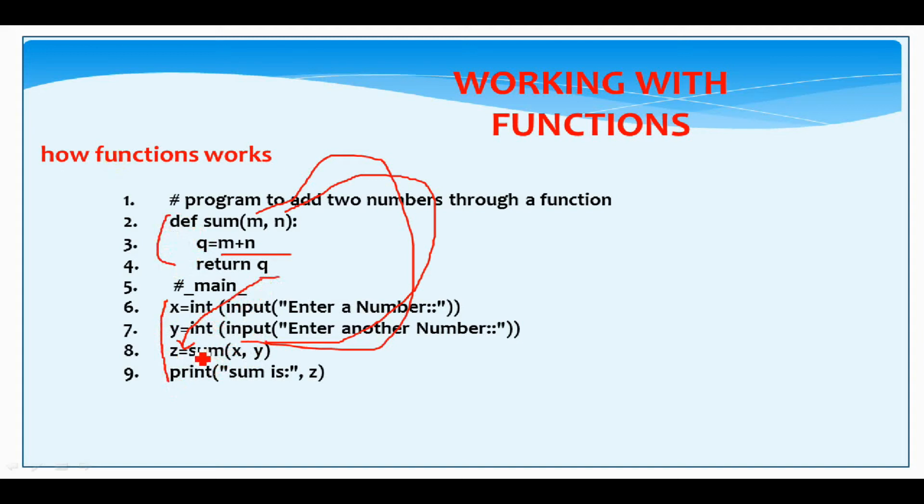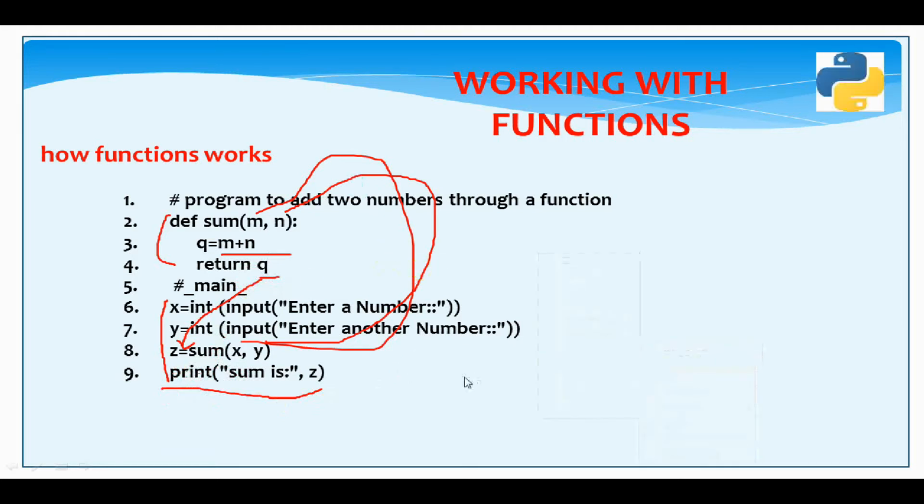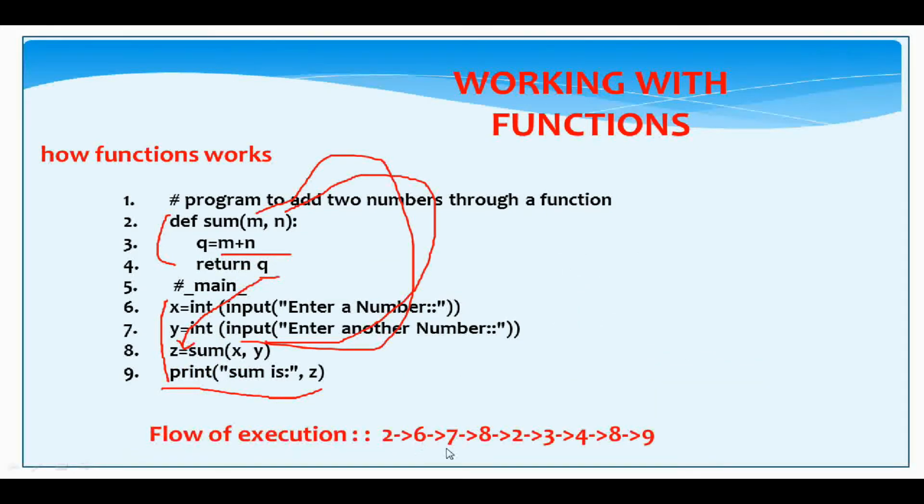The value is returned back to the caller by the return statement, and also the control returns back to the caller. Finally we can see the flow of execution in this way: 2, 6, 7, 8, 2, 3, 4, 8 and 9. This is how the execution of statements in a Python program occurs.